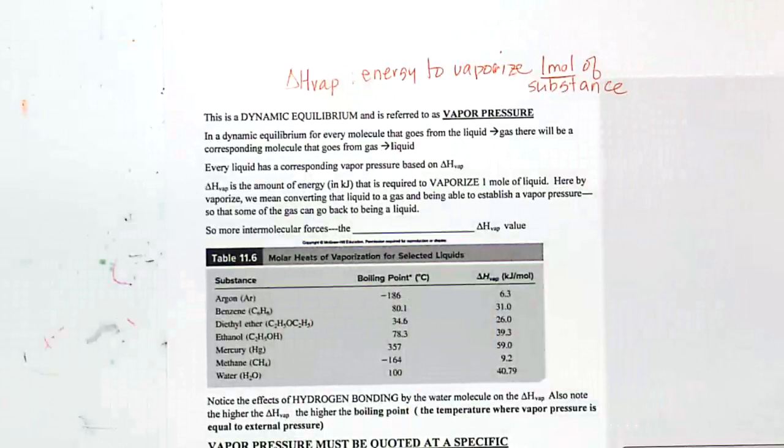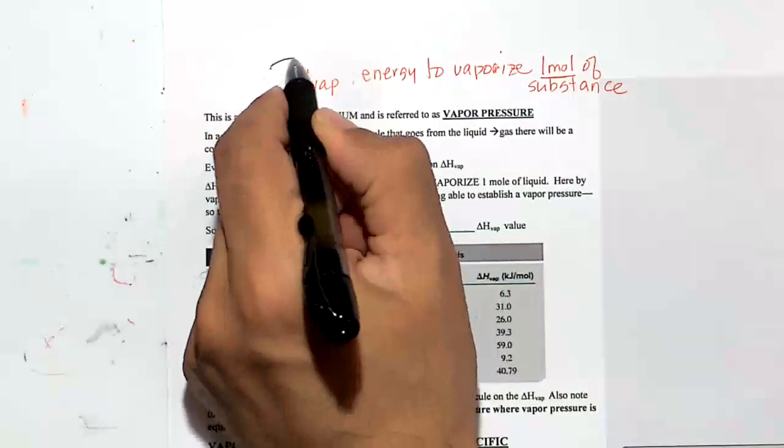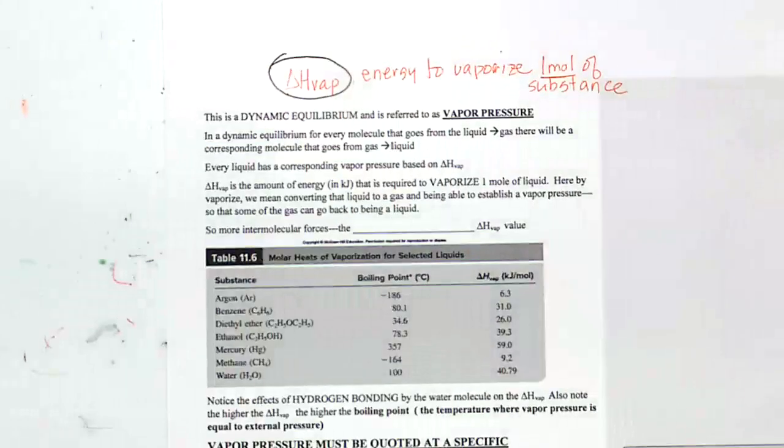It's the energy you put in to get something to vaporize. We call that delta H vap, or delta H vaporization.